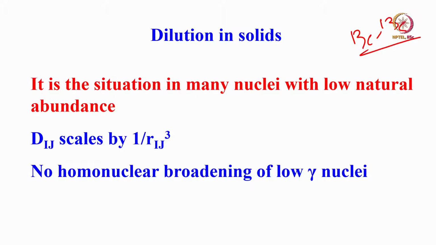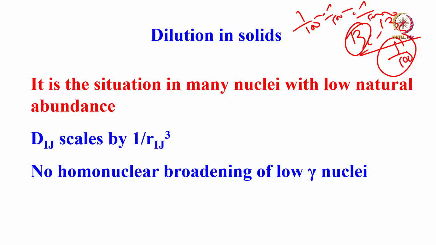If I want to see 2 carbon 13 which are close in space, what is the probability? The probability of seeing any 2 carbons next to each other is 1 in 10,000. This is 1% abundance. For any one carbon, being in the carbon 13 state is 1 over 100. If there are 2 carbons together, to see both in the carbon 13 state is 1 over 100 into 1 over 100, which is 1 over 10,000.